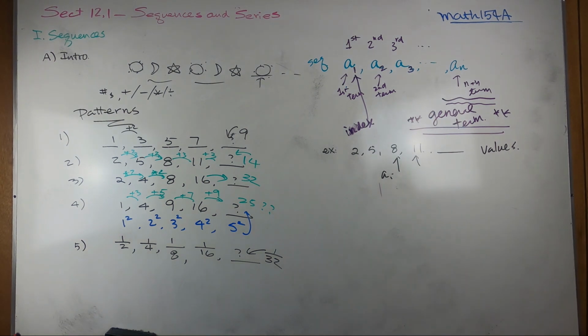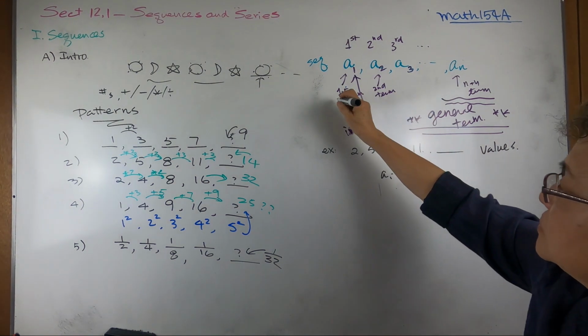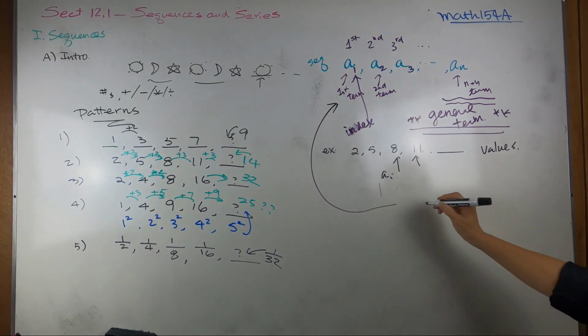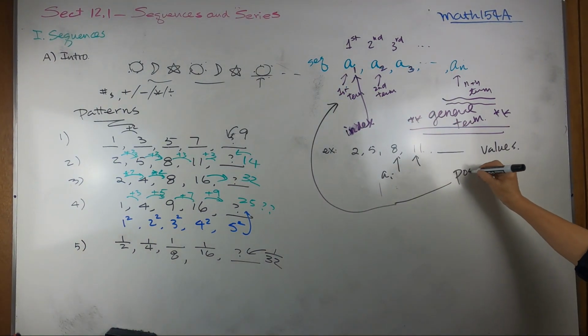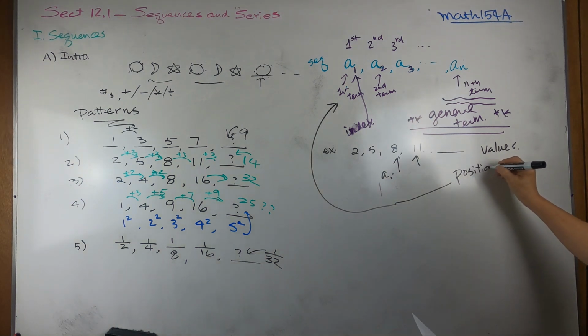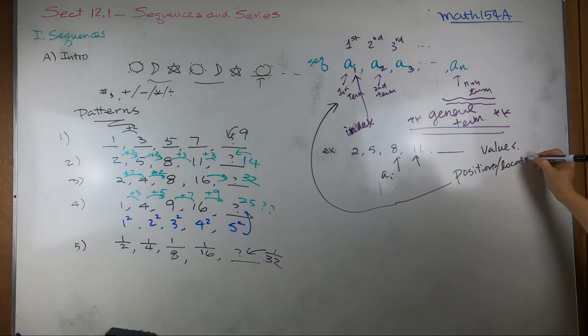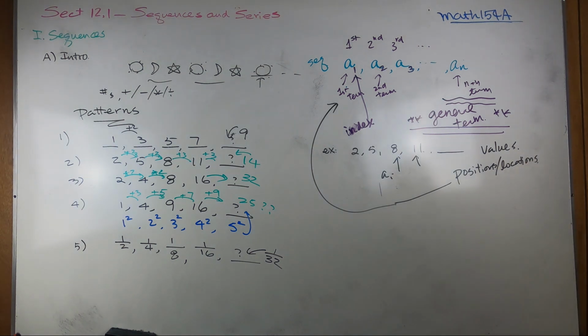Then the first, second, and third, what do we call them? It's the index, pointing to the positions and locations of each term. Index: day 1, day 2, day 3.